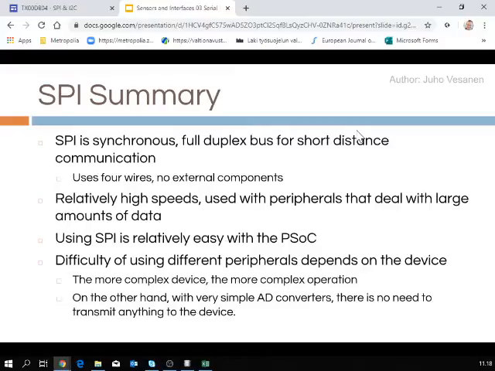Okay, some summary. SPI summary. Synchronous full duplex bus for short distance communication. High speed. And actually, a nice thing about SPI, I used to have an exercise to make a software SPI.